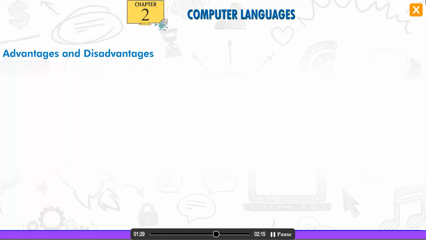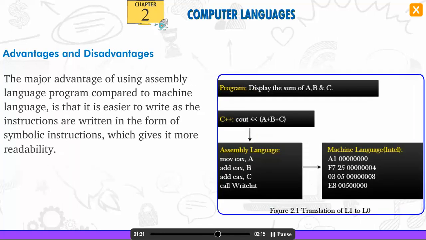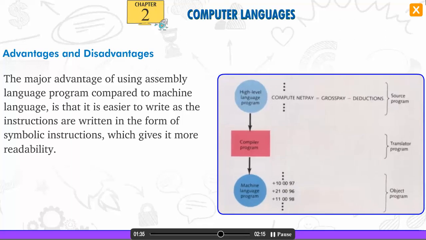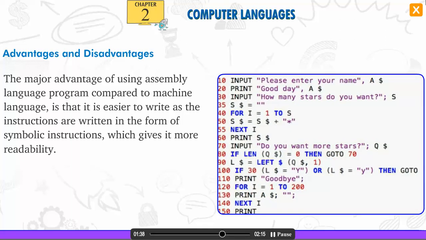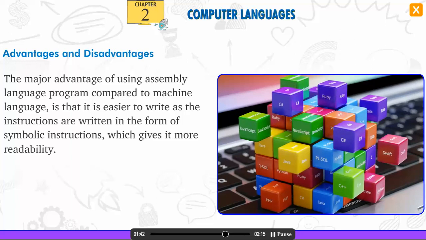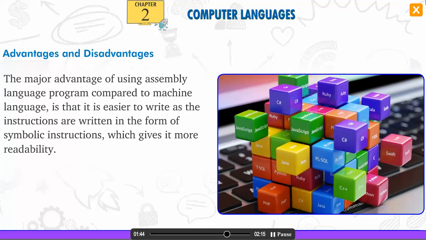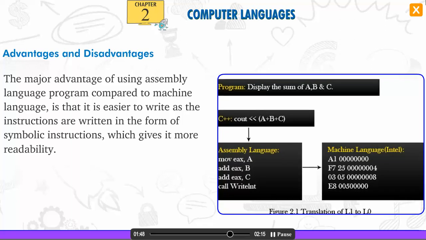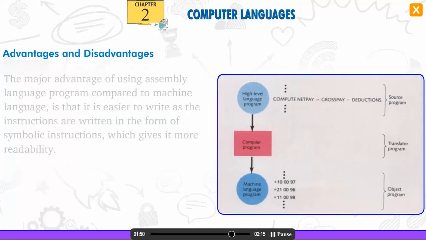Advantages and disadvantages. The major advantage of using assembly language program compared to machine language is that it is easier to write as the instructions are written in the form of symbolic instructions, which gives it more readability.